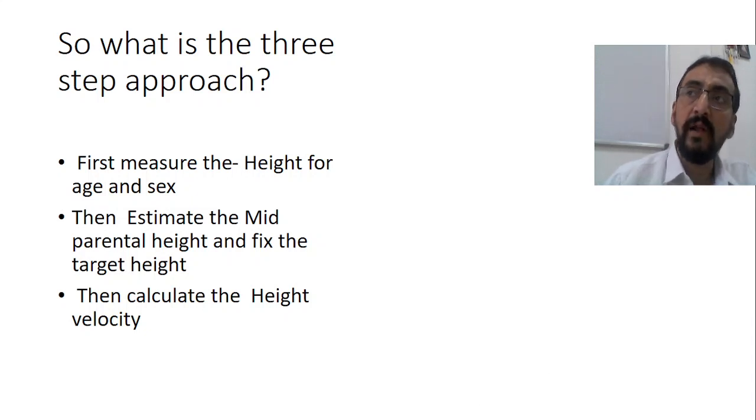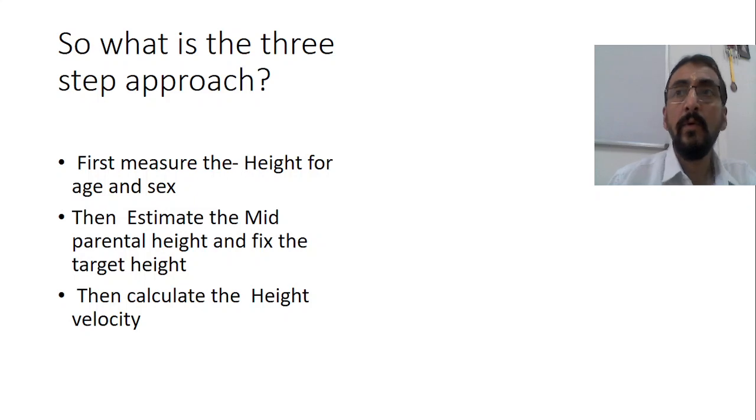Once you diagnose that this case is short stature, the work is not over, because there are so many types of short stature. Familial short statures, constitutional short statures, disproportionate short statures, proportionate short statures, short stature due to chronic diseases, due to endocrinal problems, and due to chromosomal problems.